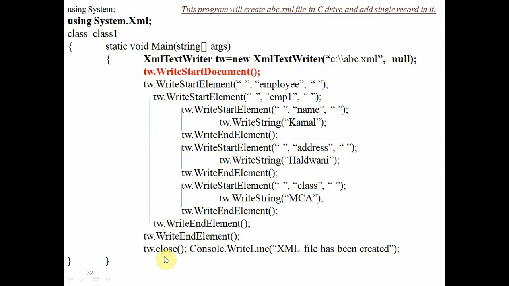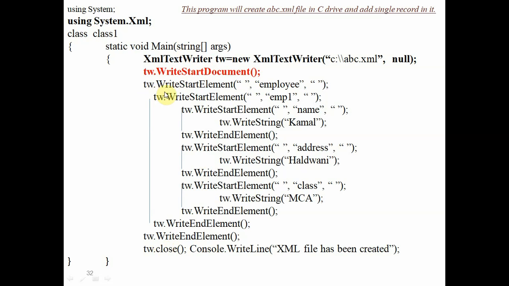The tw.Write statement will start the XML program, and it will be closed by tw.WriteEndElement. For WriteStartElement, against it we have WriteEndElement, and the XmlTextWriter will be closed at the end of the program.